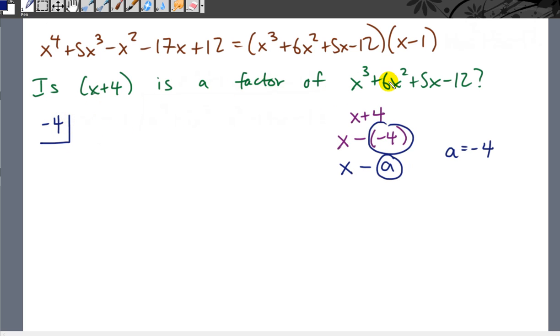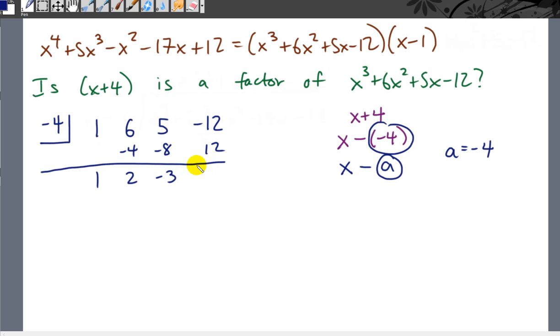We have 1, 6, 5, negative 12. We drop down the 1, multiply to get negative 4, add to get 2, then negative 8, negative 3, 12, and then we get 0.